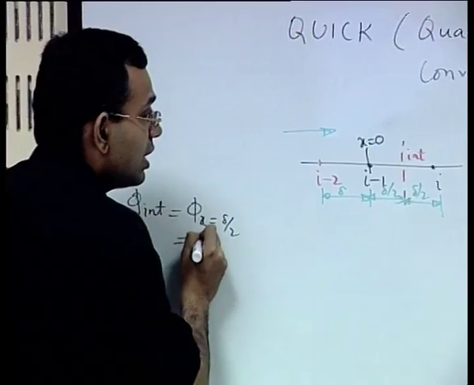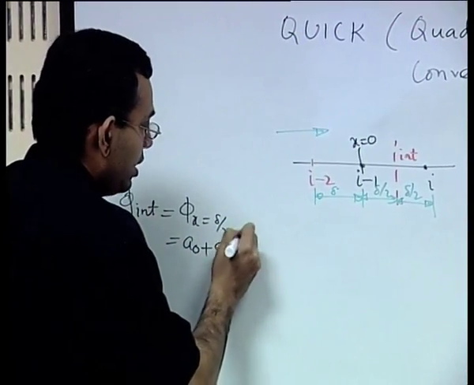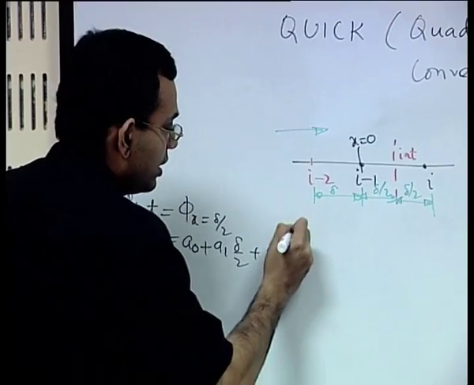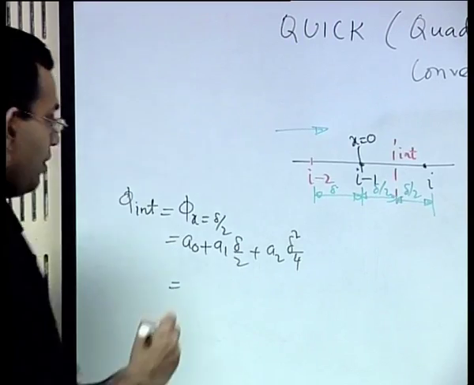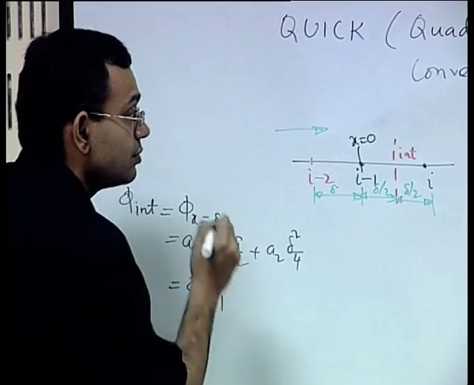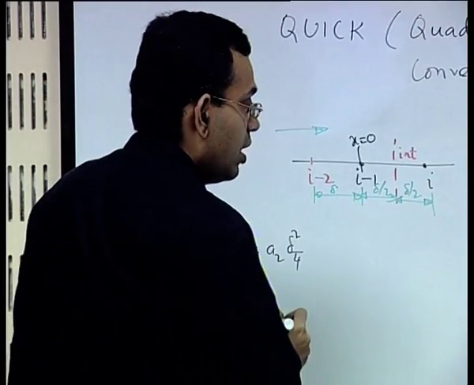So, that is a0 plus a1 delta by 2 plus a2 delta square by 4. So, that is phi I minus 1 plus a1 delta by 2.